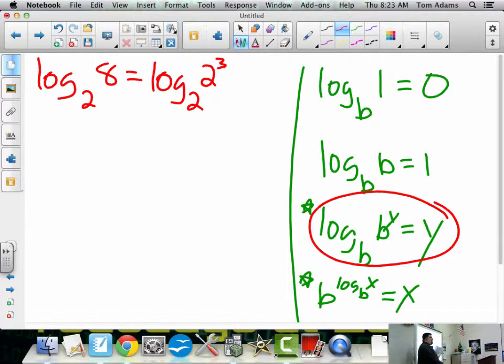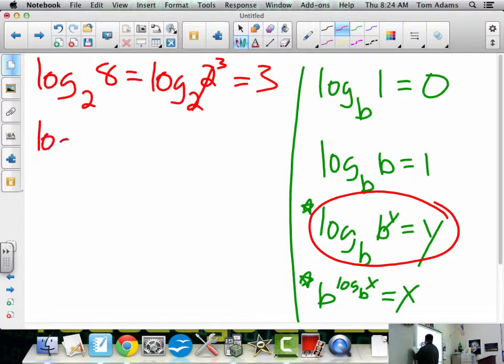Well, kind of, and I'm going to use some informal teenager language. These cancel, sort of, and I'm left with 3, right? Because that's based on this property here. Does that make sense?